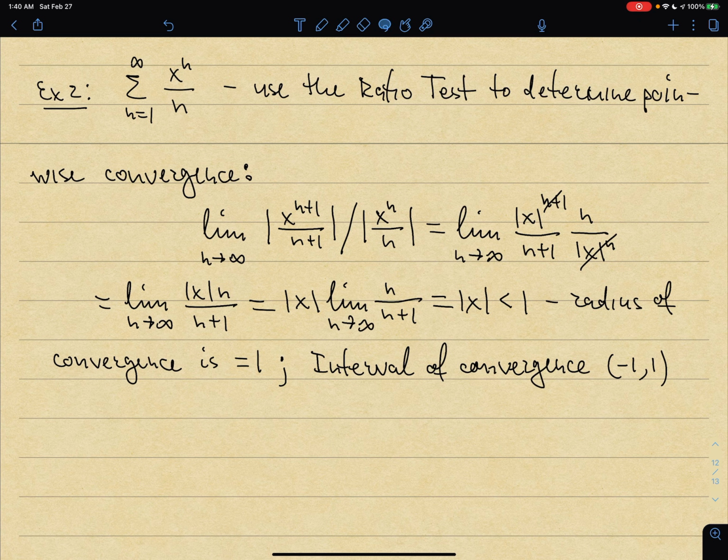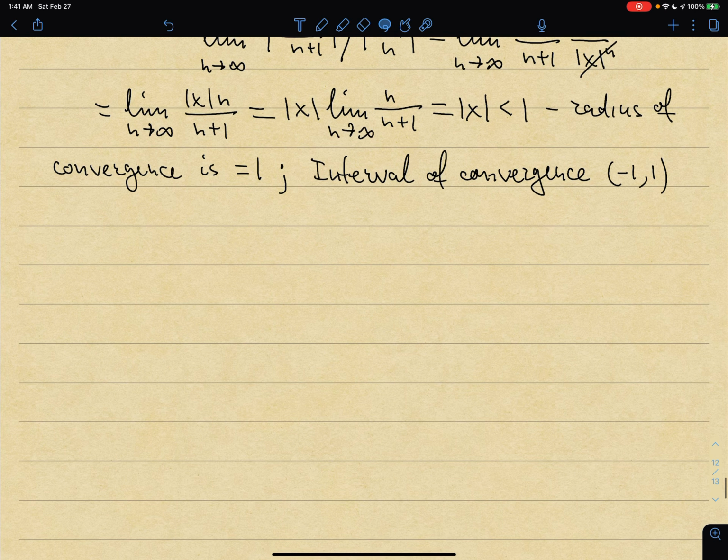If absolute value of x is greater than 1, then for sure the series does not converge. But when absolute value of x is equal to 1, or x is equal to plus or minus 1, then the ratio test is inconclusive, and we have to test the endpoints separately, right?